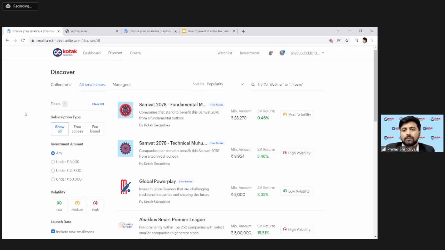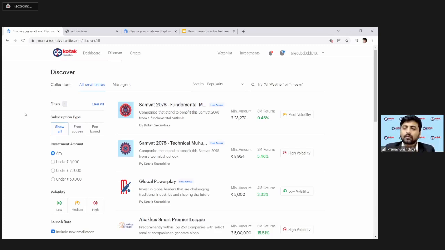For example, let us say I am an investor and I want to invest in the pharma sector going forward. Is it possible to pick all the pharma sector stocks one by one and try to make it into a portfolio in my trading and demat account? It will definitely be possible, but there is a simpler way to do it. And that simple way is called Kotak baskets.